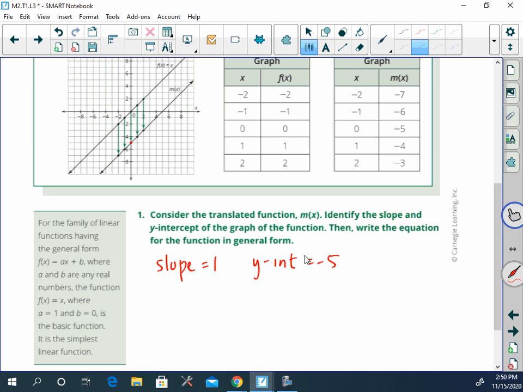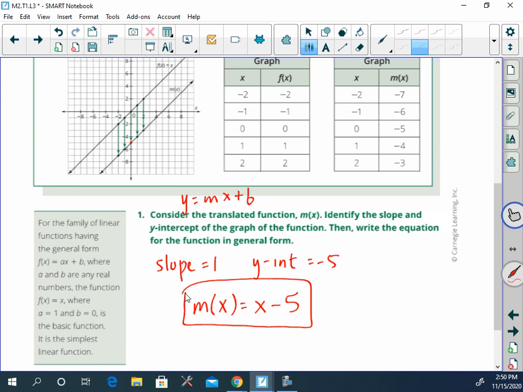Then write the equation for the function in general form. So we're going to call it m of x equals, and when we're doing this, remember it's y equals mx plus b, and our m is our slope, so we'd have 1x, or just x, plus b would be plus -5 or -5. So that would be our function there.